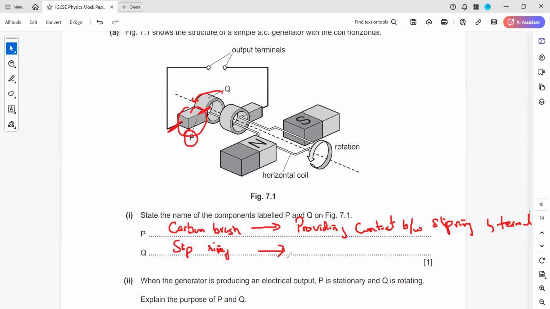So what is the purpose of the rotation of the slip rings? The rotation produces a continuous change in the magnetic field, which induces EMF.